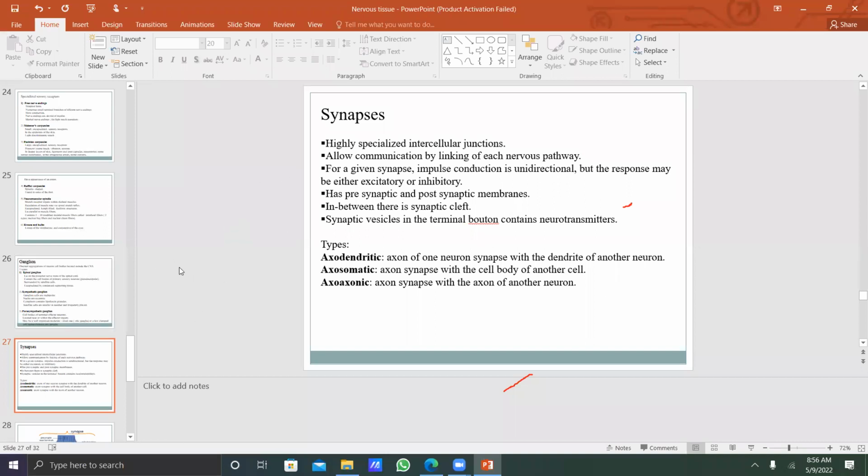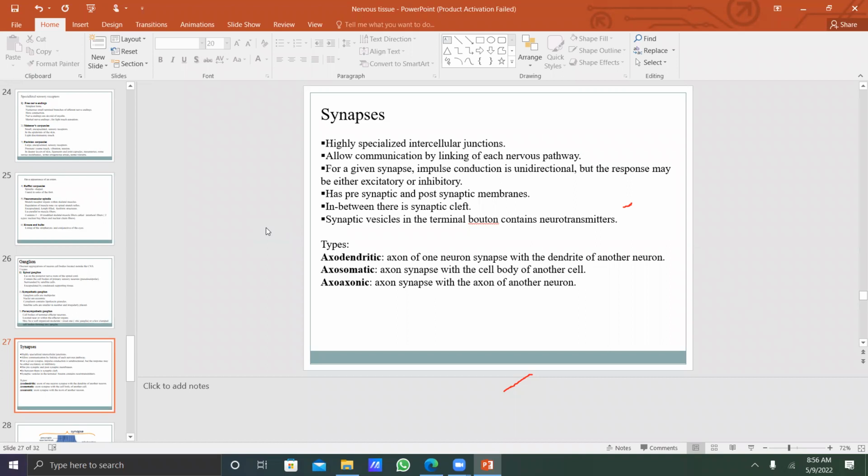Then we have the synapses. Synapses are a type of intercellular junctions in between the nerve cells. These synapses are the places responsible for transmitting signals from one nerve cell to another one. So they are highly specialized intercellular junctions.